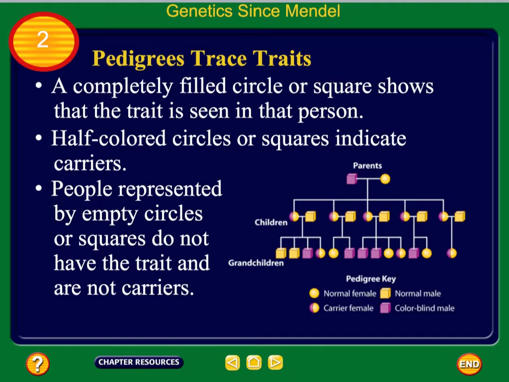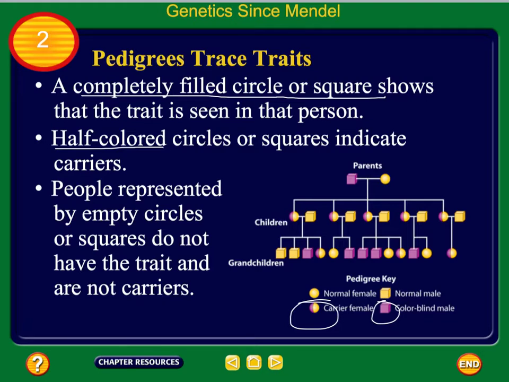Some other things to notice about this pedigree: a completely filled in circle or square shows that the trait exists in that person. In this case, filled in is represented by purple, so a purple square represents a colorblind male. We don't have any females that are colorblind in this pedigree. A half-colored circle represents a carrier, and down here in the key you can see the carrier coding.